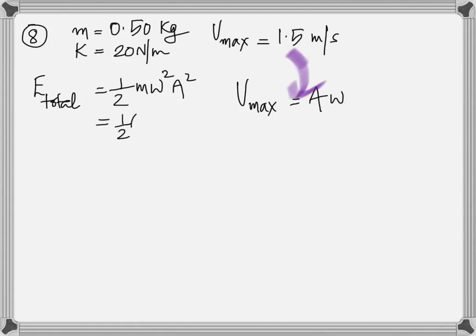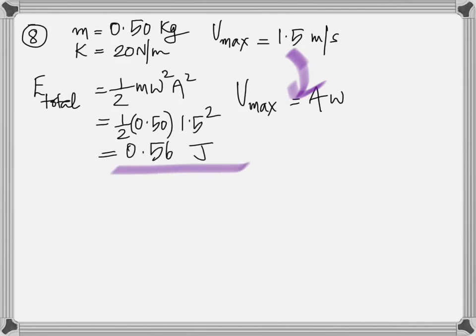Now from maximum velocity, A omega, if you take a look here, you see that this is A squared omega squared, and so all you've got to do, remembering that Vmax is A omega, is just square the 1.5. And you get it as 0.56 joules.